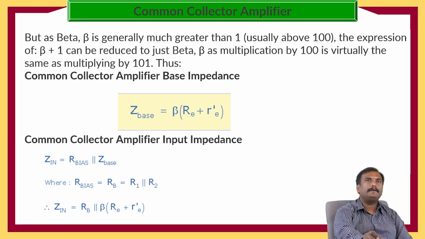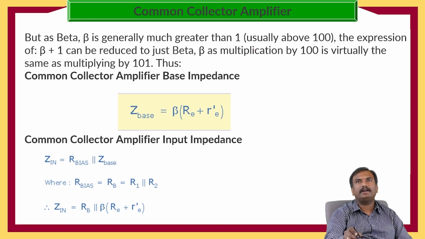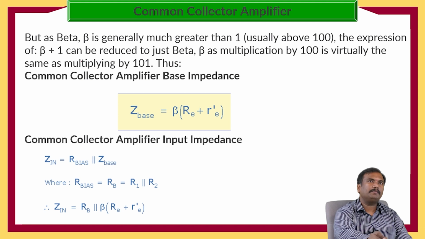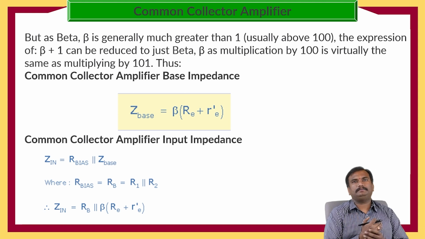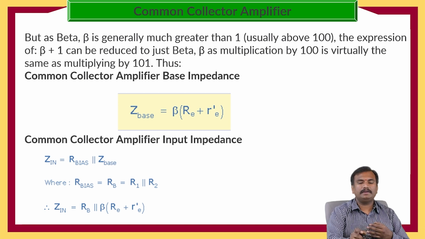Here as beta is generally much greater than 1, the expression beta plus 1 can be reduced to only beta, because in order to get the simplified equation we are taking Z base as beta into RE plus RE dash.